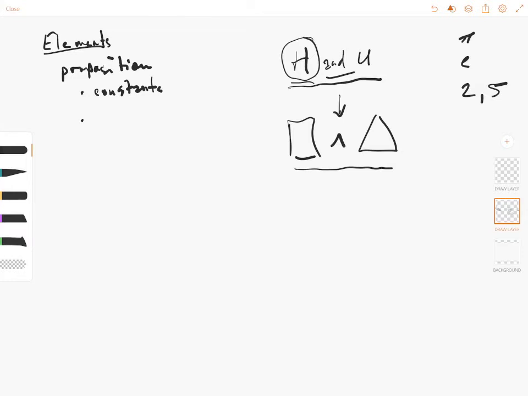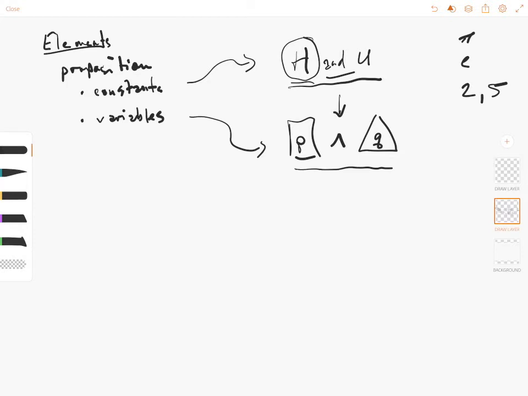But we could also, for convenience, represent propositions by variables. So when we're using constants, we normally use capital letters like H and capital U. But when we use variables, we typically use lowercase letters beginning with P, just a tradition or a convention.